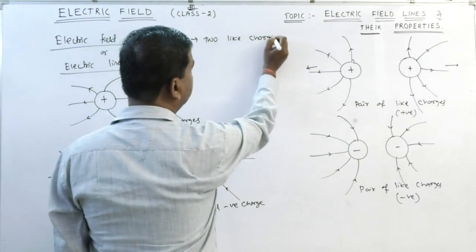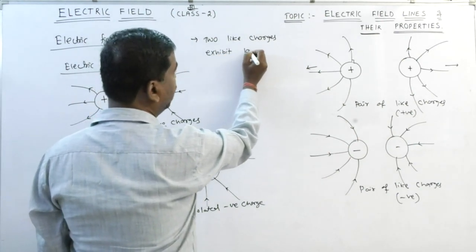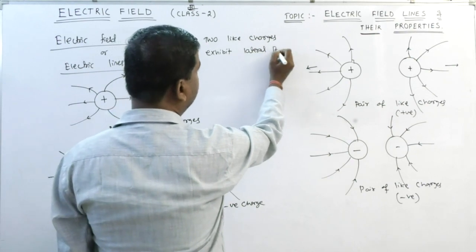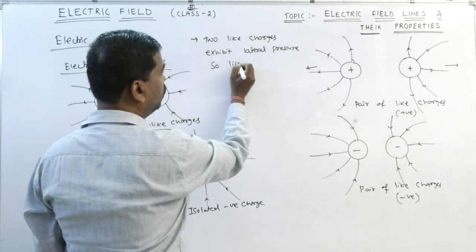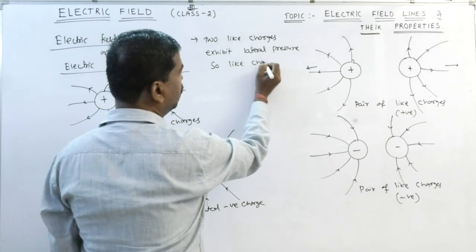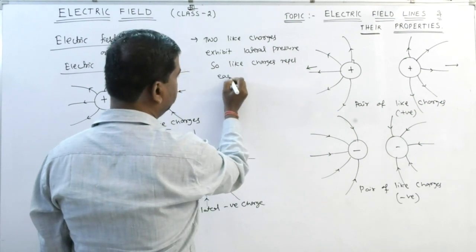Two like charges exhibit lateral pressure. So, like charges repel each other.